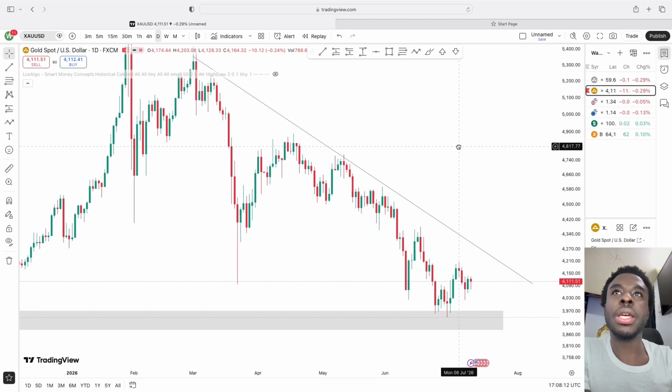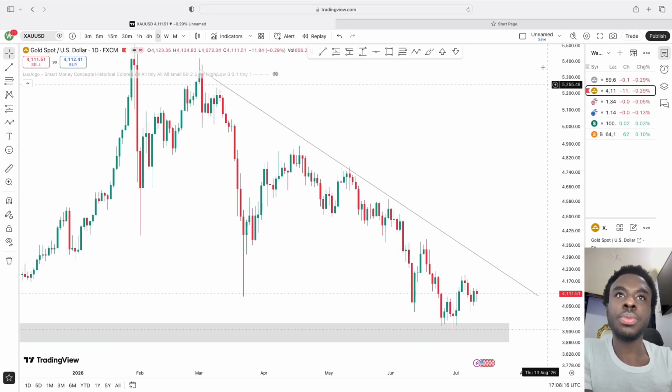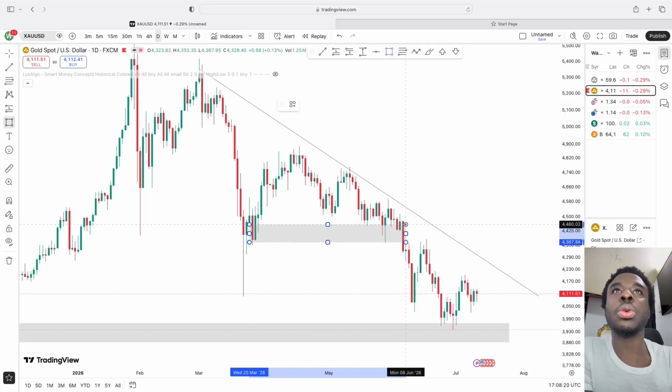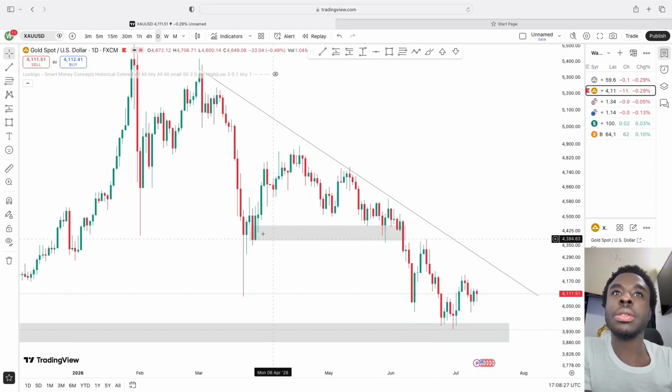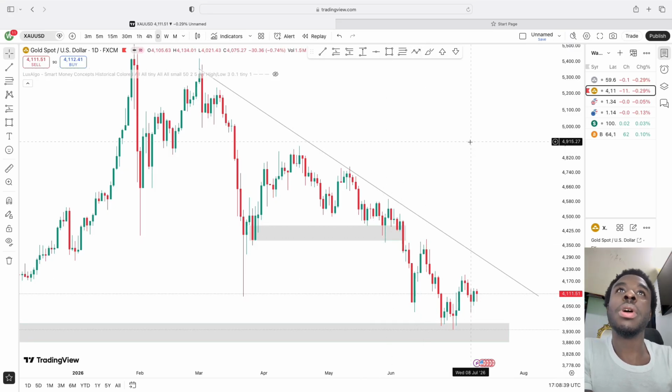Over the past week, we got our sell positions over here. This was a previous demand zone that got broken, right? Initially we were expecting price to respect this demand zone and push price upwards. But what happened?